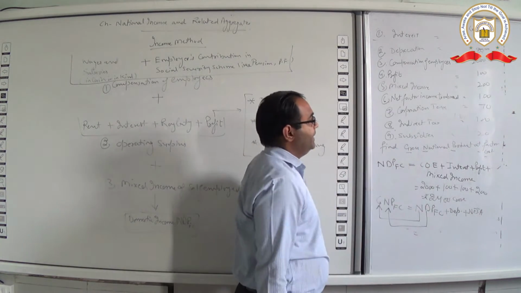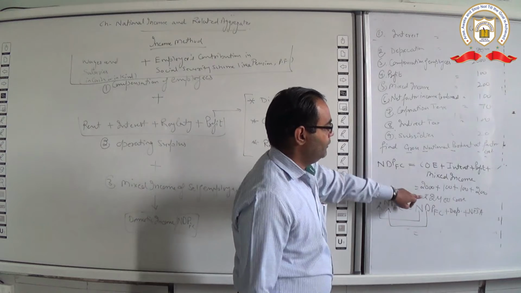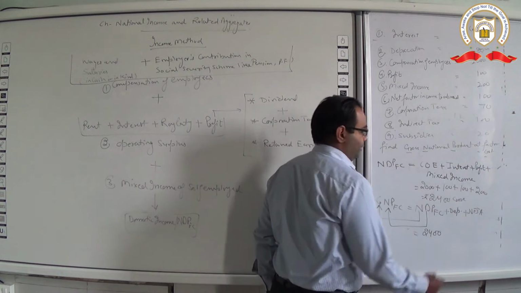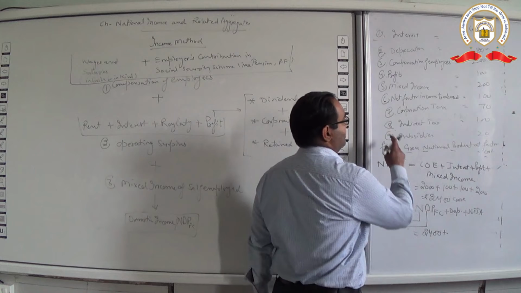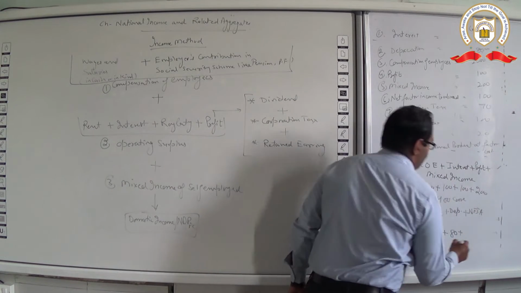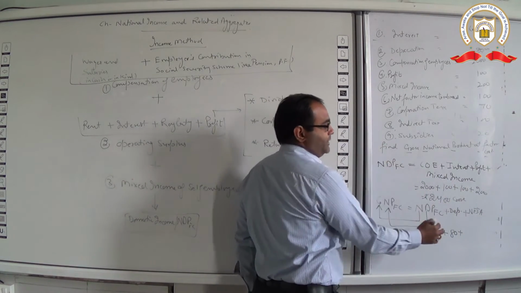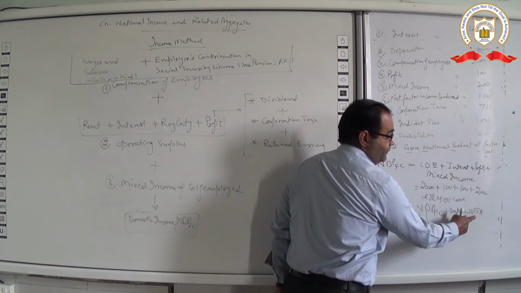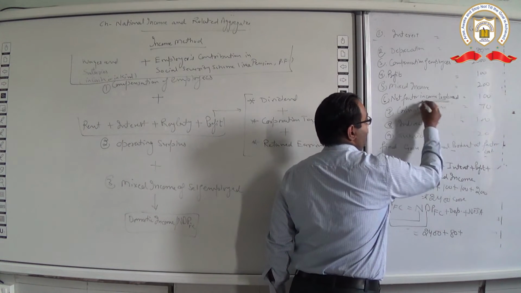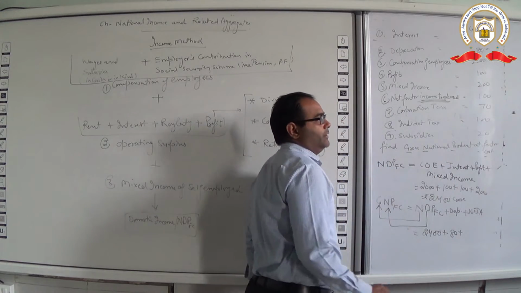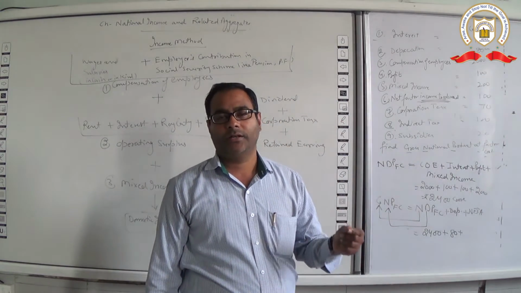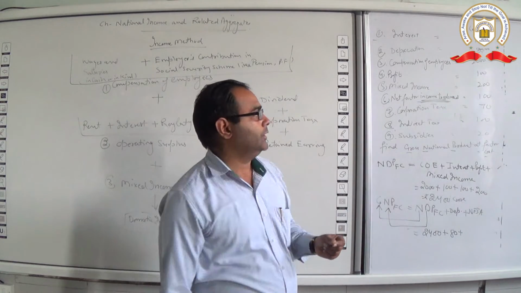So the value of NDP at FC is 2400. Depreciation 80. Net factor income from abroad. See, here we have to get net factor income from abroad, but in this, the net factor income to abroad is given. It means factor income to abroad is greater than factor income from abroad.